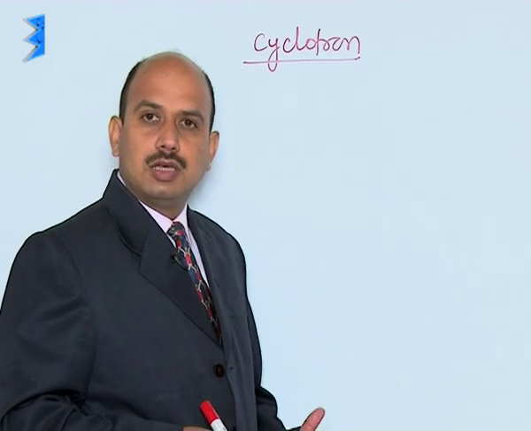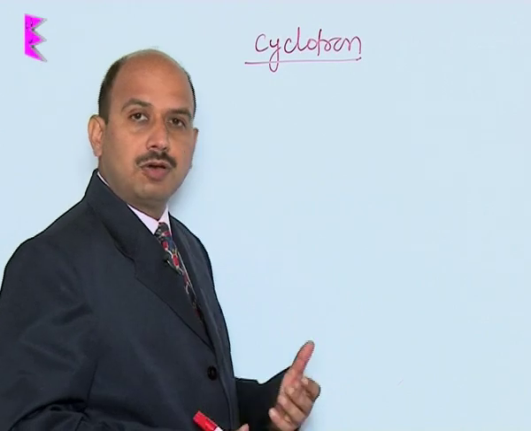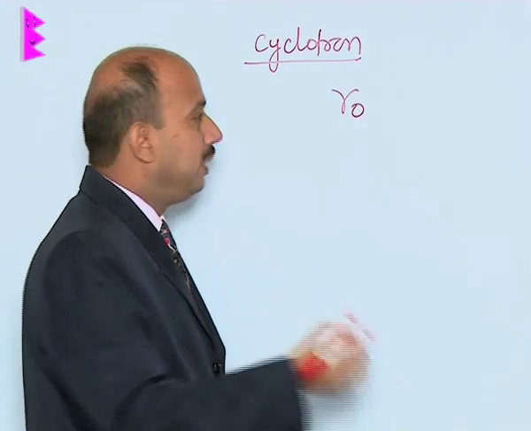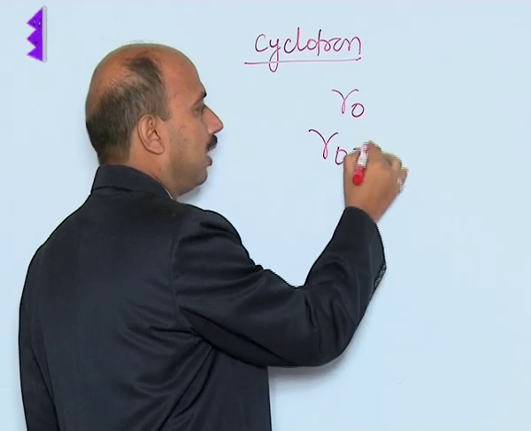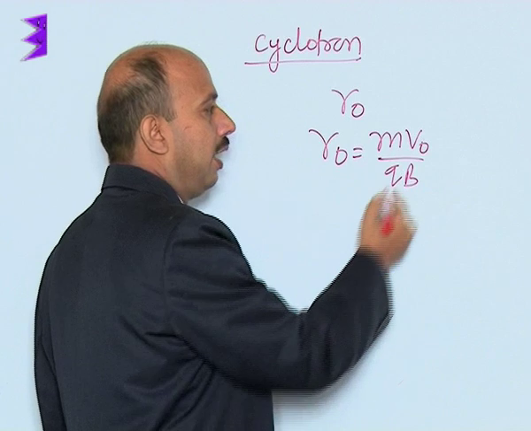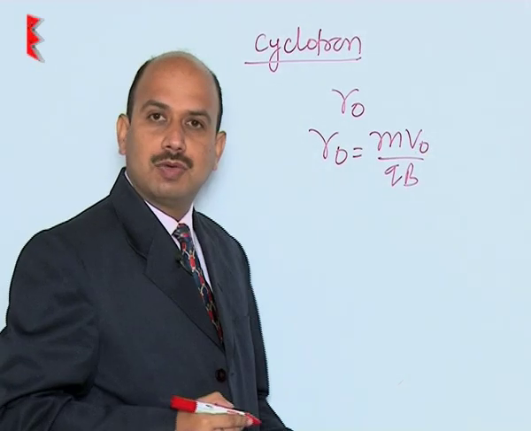So now see here, suppose the maximum radius of the circular path is r naught, then we can write r naught is equal to m v naught upon qB. Here v naught is the maximum velocity.